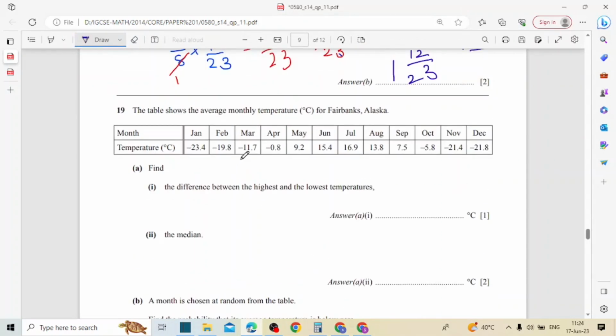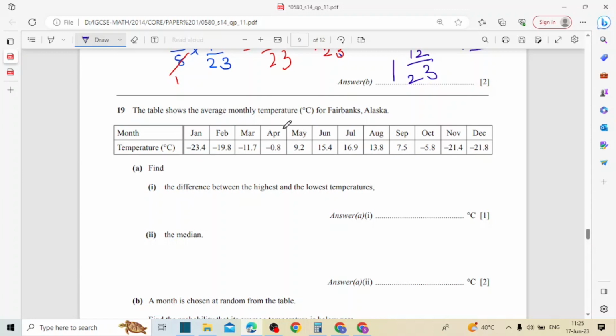The table shows the average monthly temperature in degrees Celsius for Fairbanks, Alaska. Month and its temperature. In January, the average monthly temperature is negative 23.4. Like this we have till December negative 21.8.